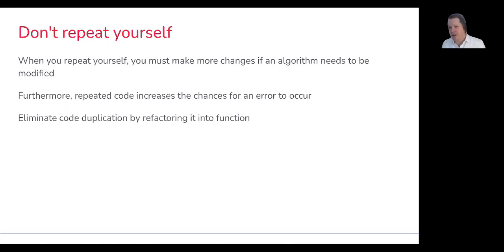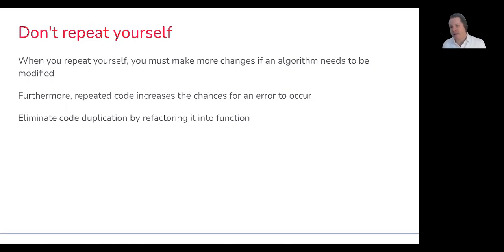So repeating code in this manner is definitely going to increase the chance for an error to occur. And it's also going to create more work for yourself, because A, you're going to have to remember where the snippet was used, and then B, what the changes are that you might need to make to introduce some sort of improvement or correct some sort of issue.